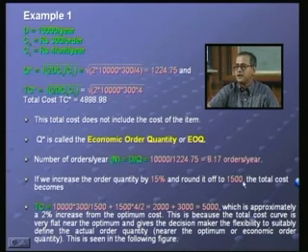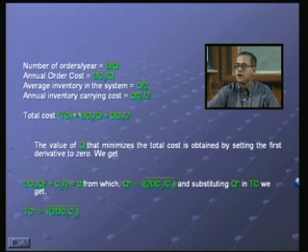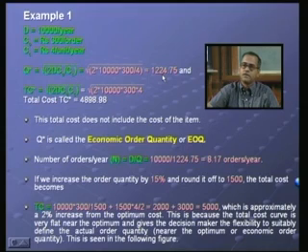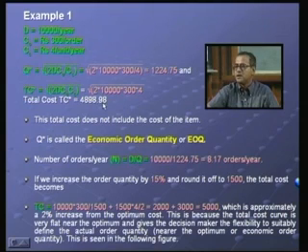If we do that and substitute 1500 in the total cost, D C0 by Q plus Q Cc by 2, then our total cost becomes 5000. When we substituted 1224.75, the total cost was 4898.98, but when we substitute 1500, the cost becomes 5000, which is approximately a 2% increase from the optimum cost.